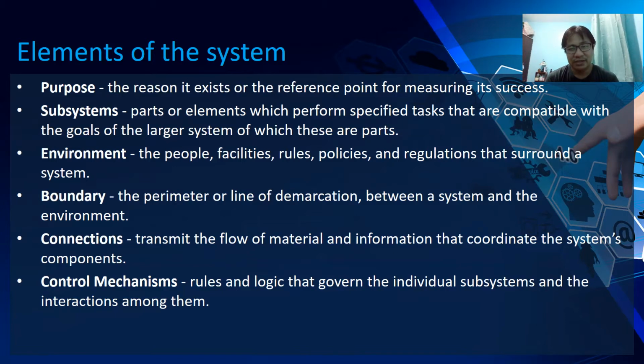The purpose is the reason it exists or the reference point of measuring its success. So what is the purpose of creating a system? What is your objective to create a system? Why do you create or develop such a system? Okay? So that is the purpose.